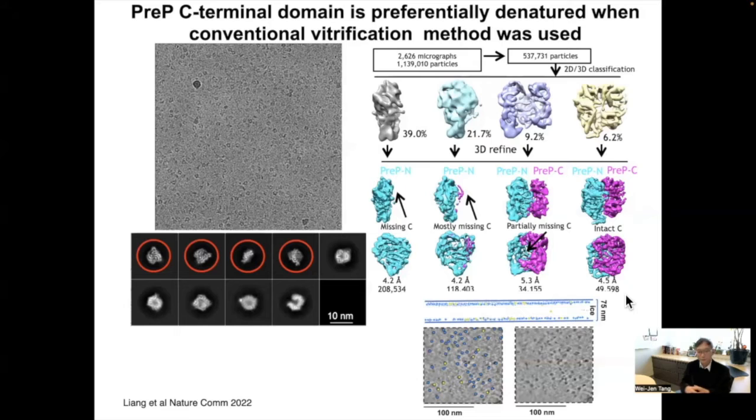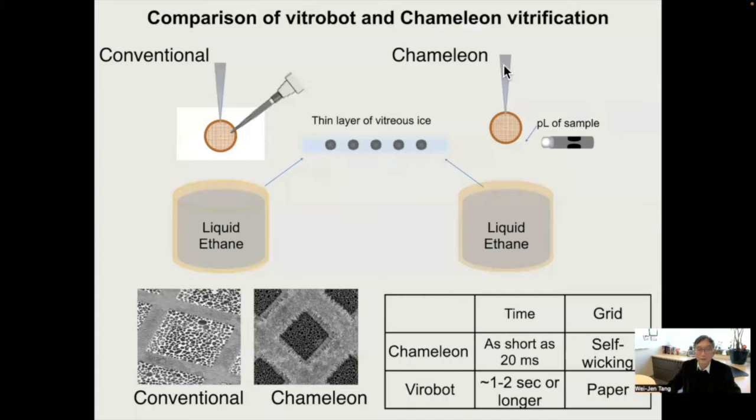Chameleon, and its precursor, is based on the following principle. Instead of putting the sample on the grid and using paper to blot, the technology allows you to blot the sample while the sample is dropping onto the grid.